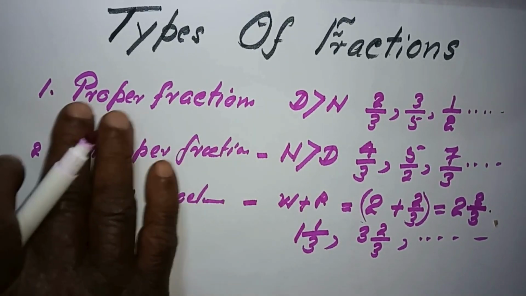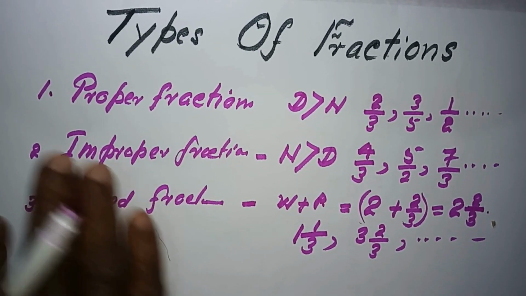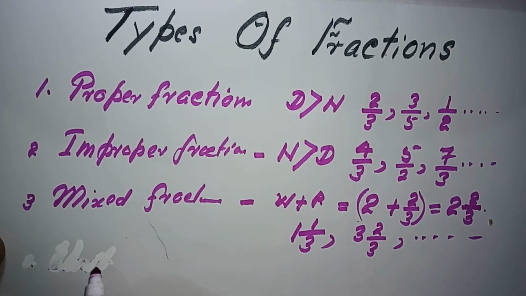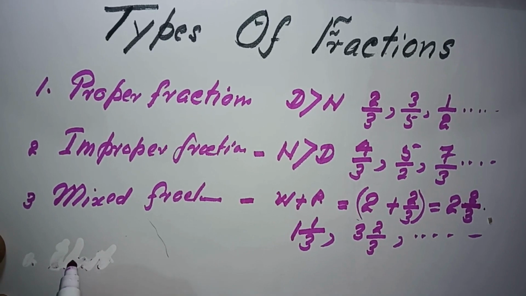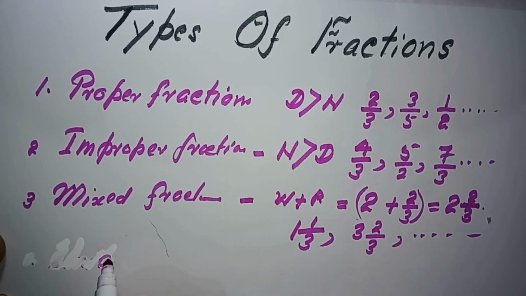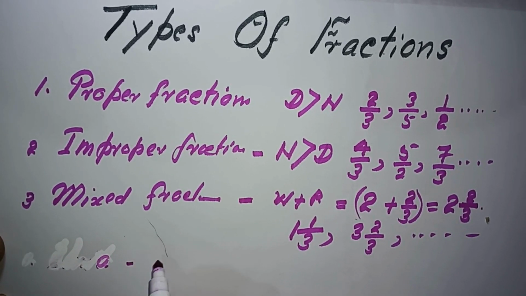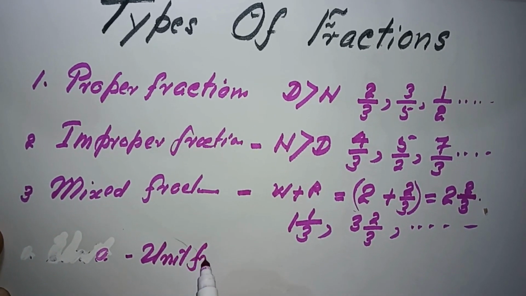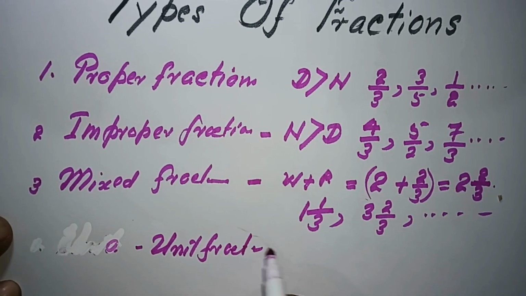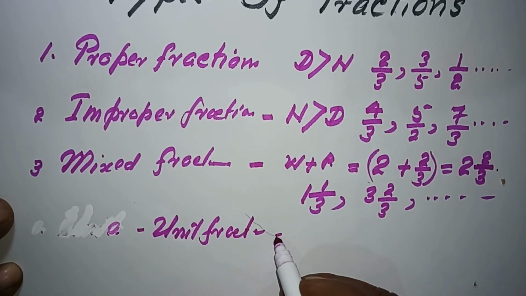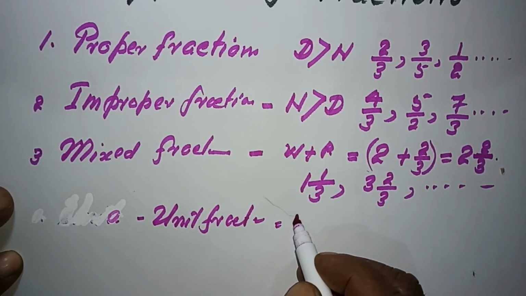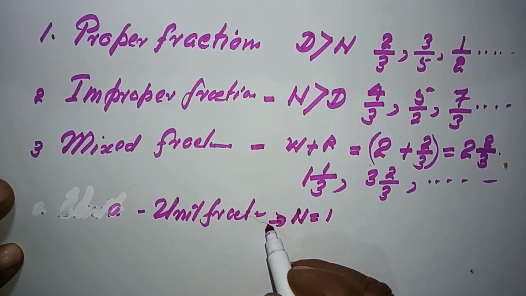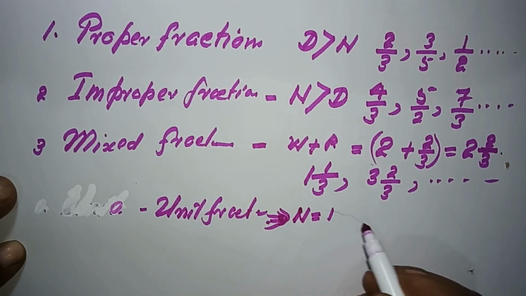Apart from these three types of fraction, we have another set of fraction. First one is unit fractions. In unit fractions, always the numerator is equal to 1.